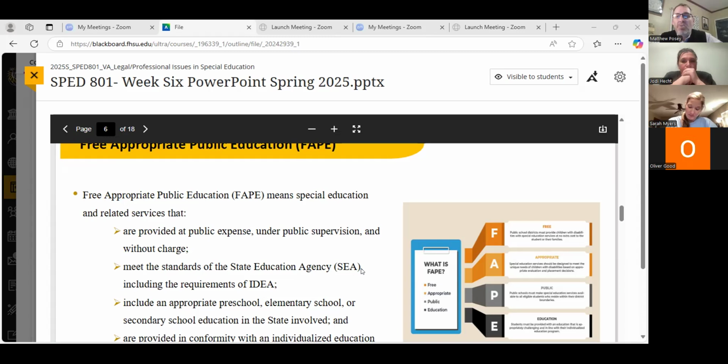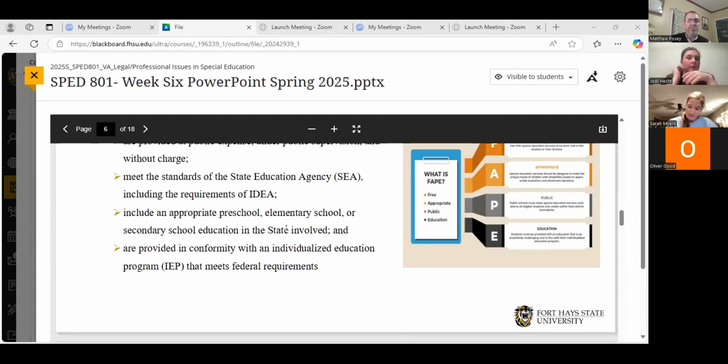Obviously, it's costing more and more dollars to educate those students, and everybody's SPED numbers are going up. Also, it has to meet standards of the state education agency in which you reside, including IDEA requirements, appropriate for preschool, elementary, and secondary education in that state, and are provided in conformity with IDEA federal requirements.